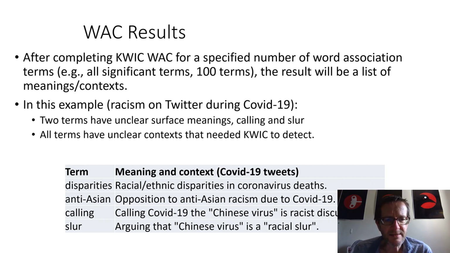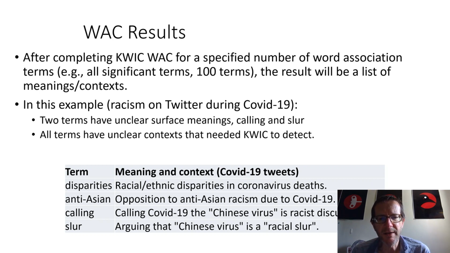So in this case, 2 of the words I think have unclear surface meaning. So calling, there are many uses of the word calling, many different surface meanings, and many different surface meanings of the word slur. So you can have a slur as in insult, or slur as in slur your words. But disparities and anti-Asian, I think these are fairly specific. There's only one real meaning for these. But the contexts are all much more specific than the surface meaning of the word as well.